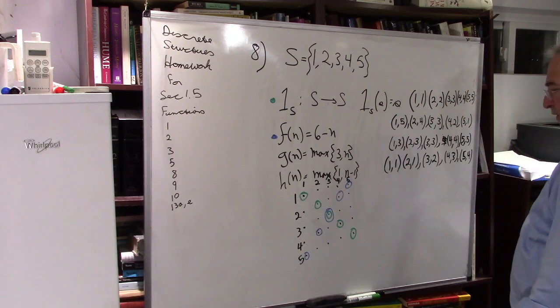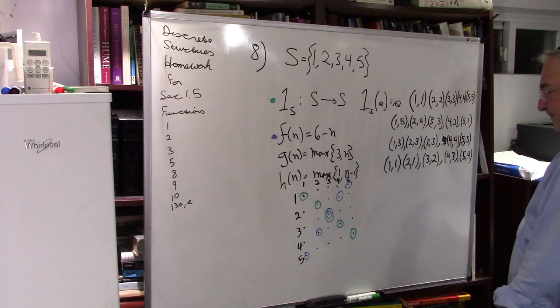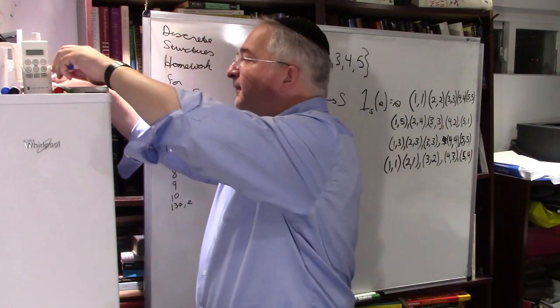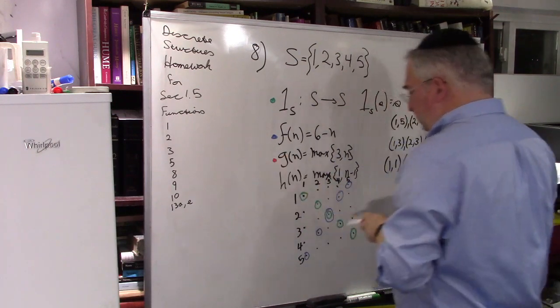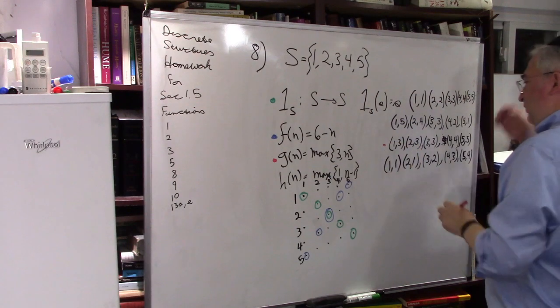So this is the first number, this is the second number. Okay, let's do this one. Okay, G. Okay, let's do this. So this is G. So, you ready?